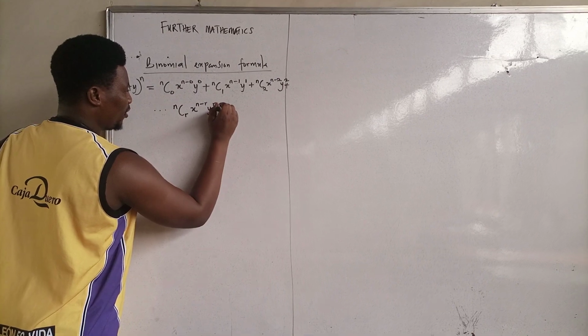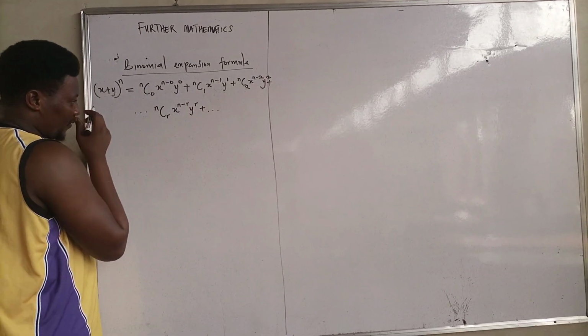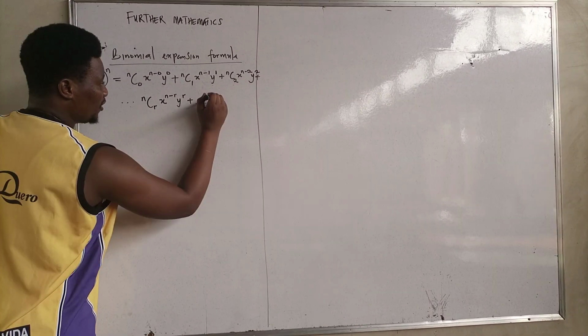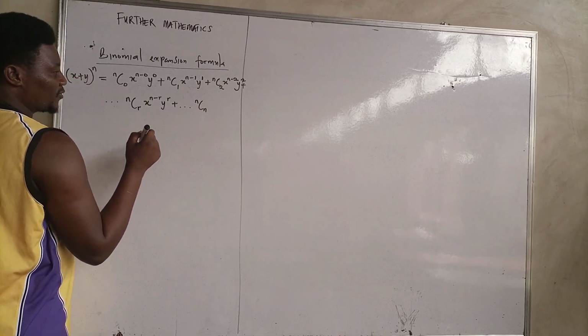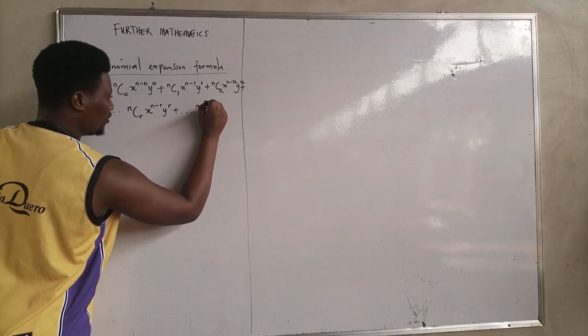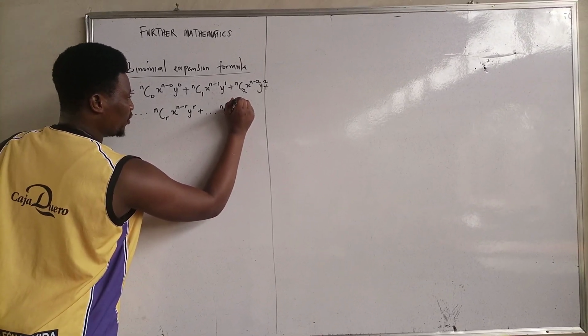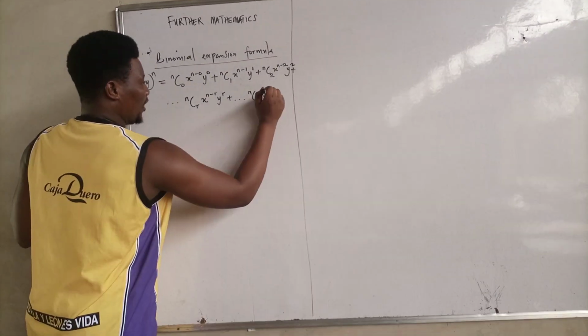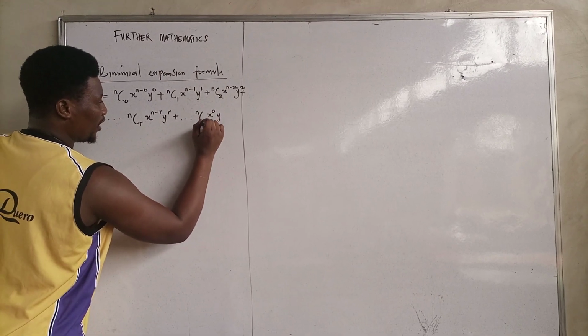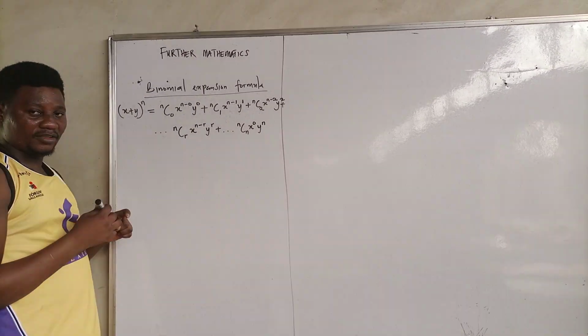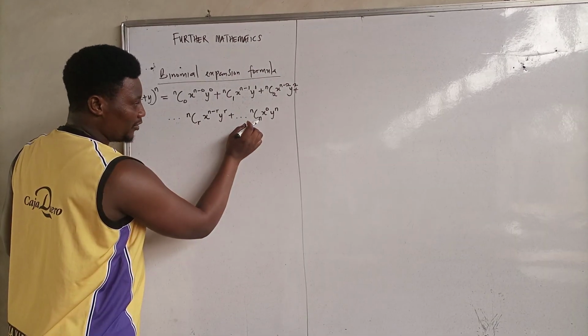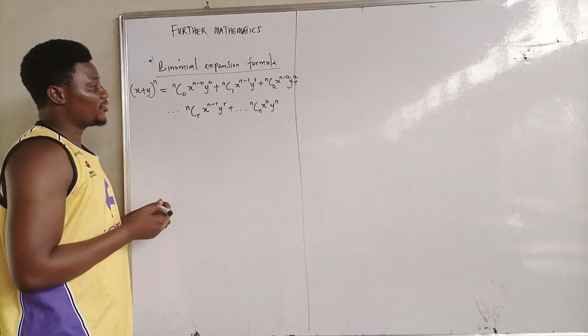Then plus, till we get to the last term, which is going to be n combination n, meaning my x by that time will have the power of 0, and my y will have the power of n. The power of 0 for x is n minus n, and n minus n is 0.